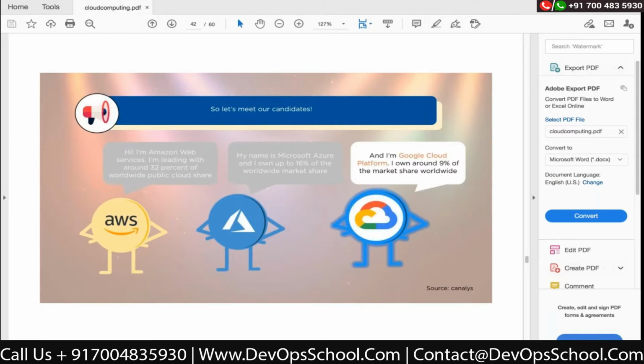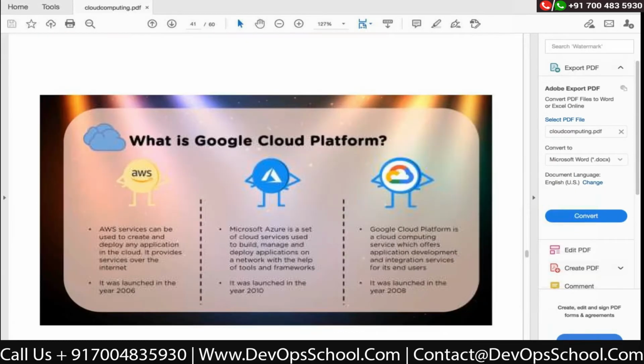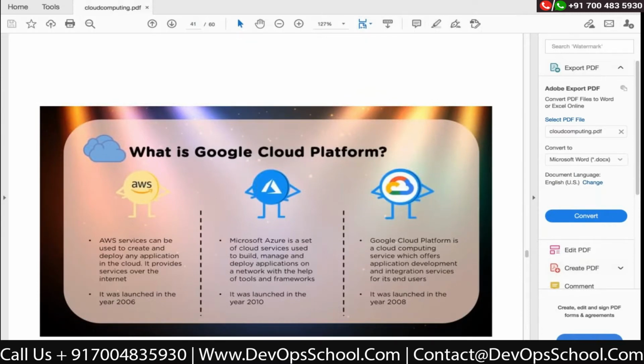AWS has been taking care of almost the complete market, and it's been at the top for the last 8 years. Then you have Google platform. One was launched in 2006, one in 2010, and one in 2008. That's the launch date.